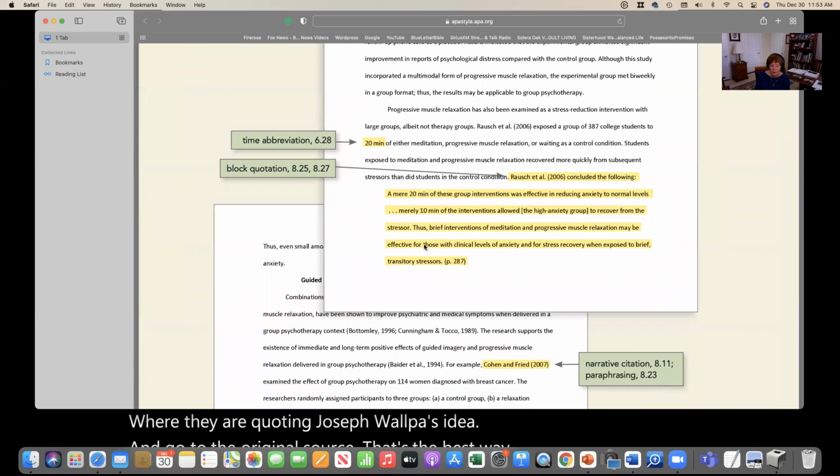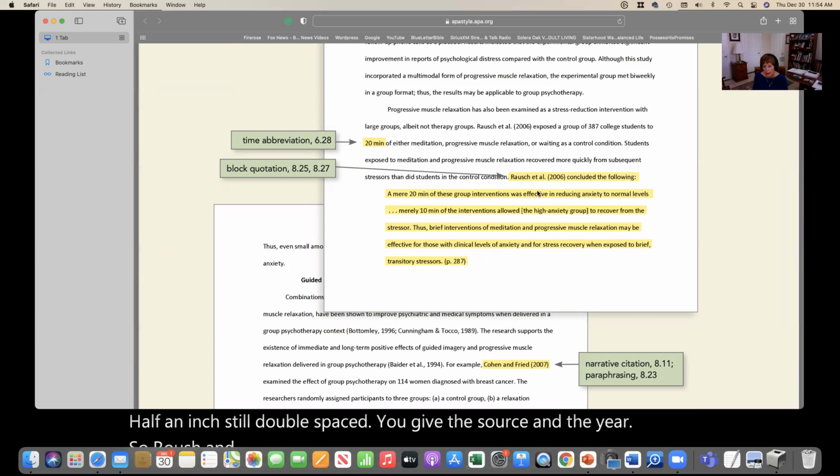Now, if you have a block quotation, you will indent the entire block quotation half an inch, still double spaced. You give the source and the year. So Rausch and others, et al., 2006 concluded the following, colon, and then you give the longer quotation.